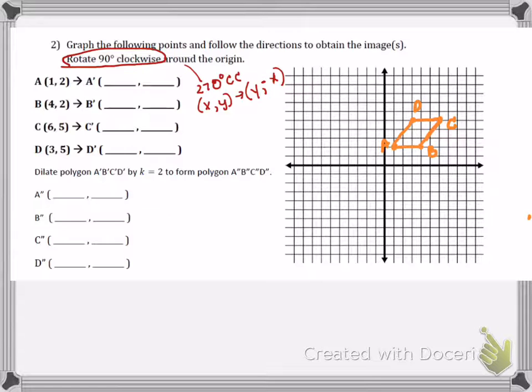And so let's apply those. So A, I'm going to switch the places of the numbers. So 2 becomes the x coordinate, and then the 1 and taking its opposite, the y coordinate then becomes -1. And for B, it would be 2, -4.